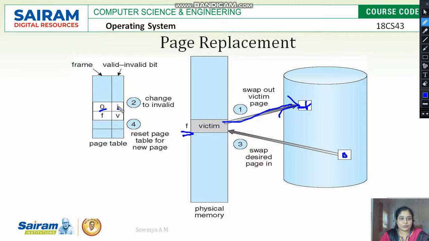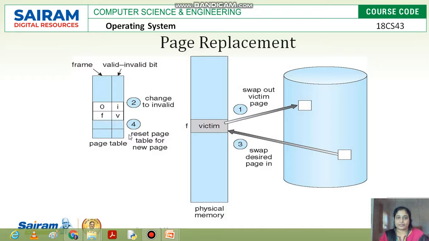Step 2, change the frame F to an invalid bit. Then copy the desired page O into this frame, and reset the page table to the new page. So O is made valid and F is made invalid. This is how page replacement actually happens.